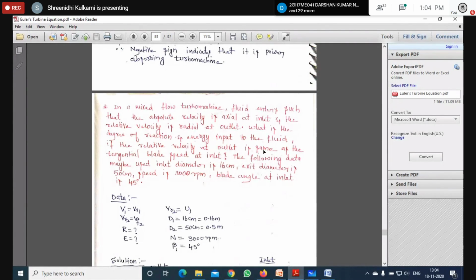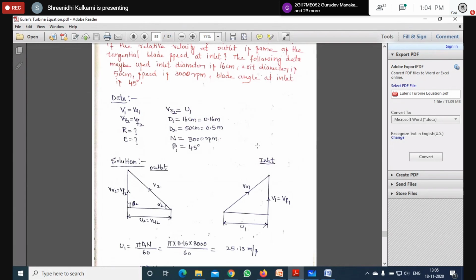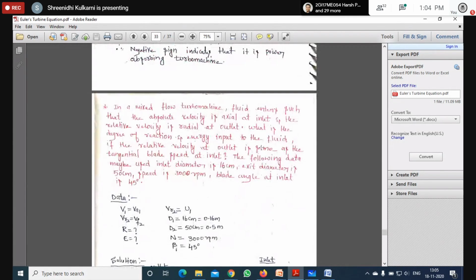Speed is 3000 RPM. Blade angle at inlet is 45 degree.